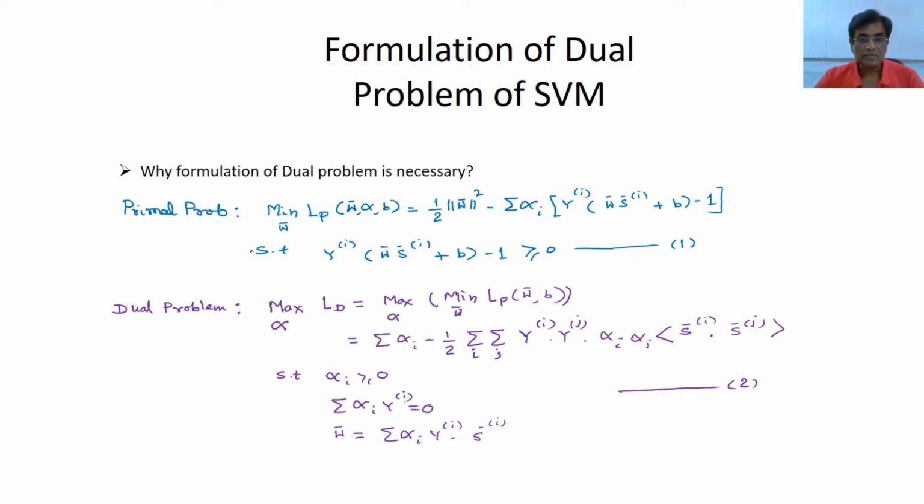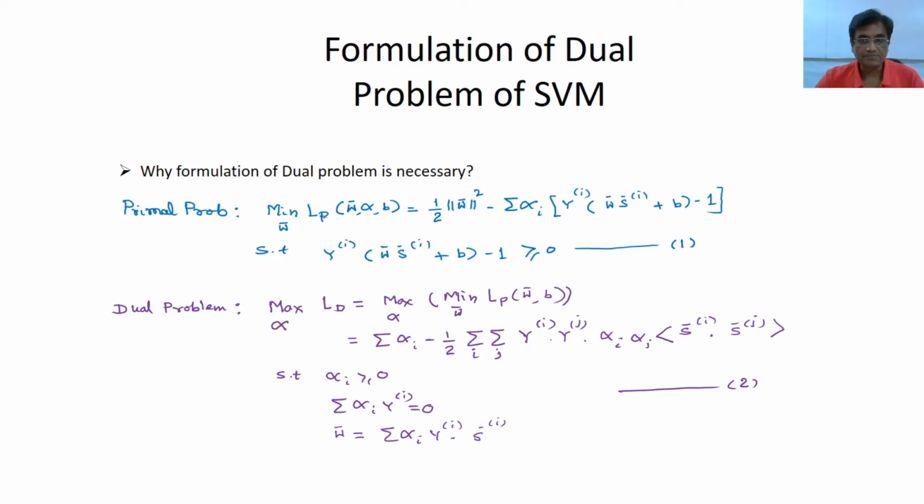There, of course, the objective function and constraints are to be designed appropriately. Now we will concentrate on our support vector machine and how we can formulate a dual problem. This is our recapitulation. This is our problem.